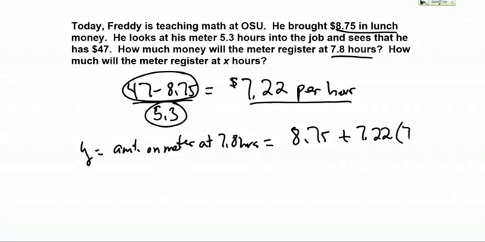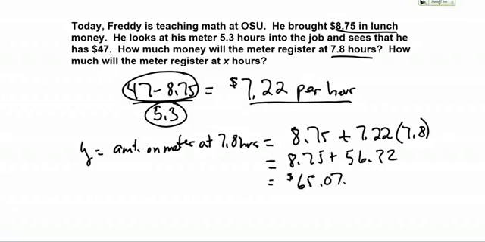So we just need 7.8 copies of that, which is a multiplication problem. If you crank this on your calculator, he has $8.75 plus $56.32 he's earned. So all told on his meter, he's going to have $65.07.